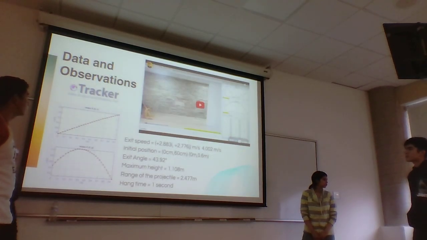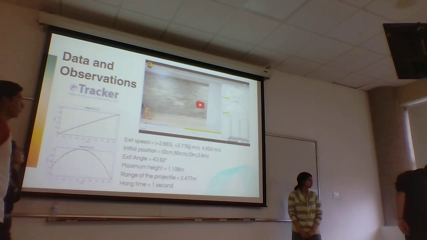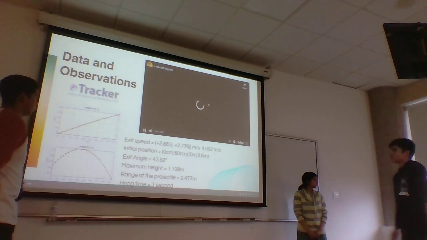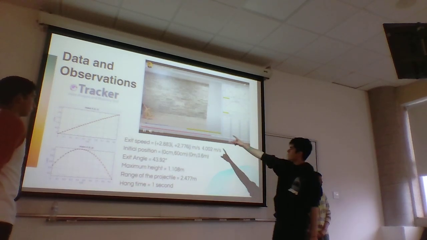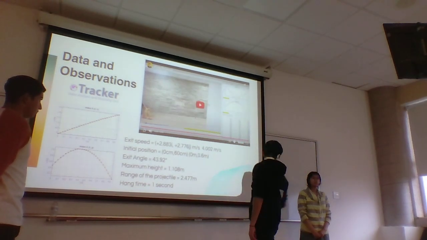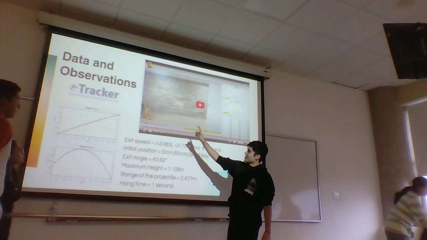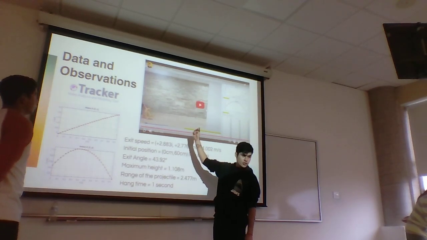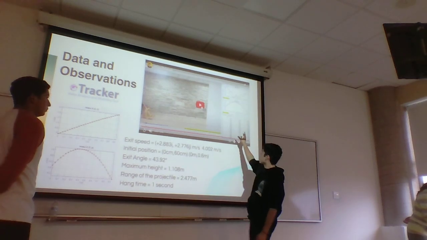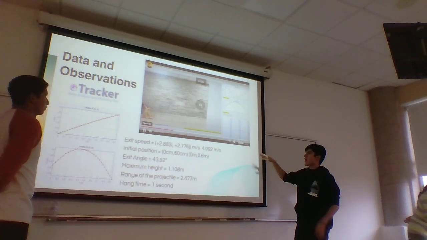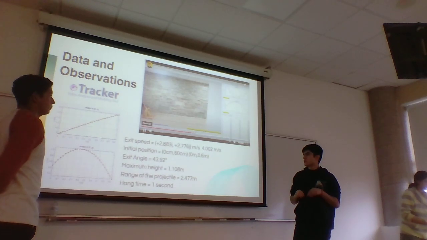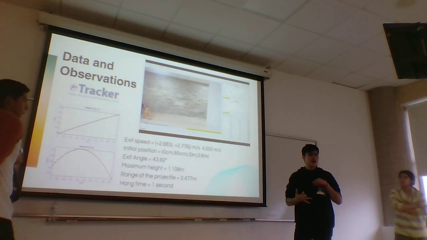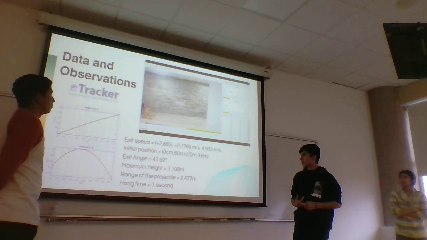Okay, so here we use the Tracker software, and we arrange each of the moments that the ball or the projectile is launched. So here the software will make an average of each moment in time, the velocity, the position in x, and the position in y.